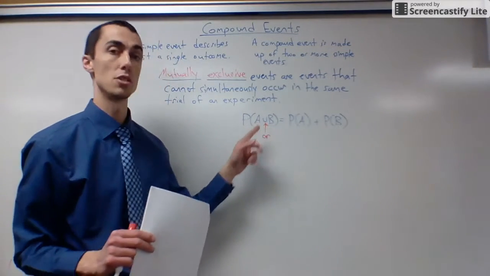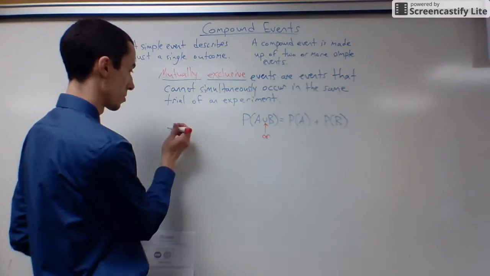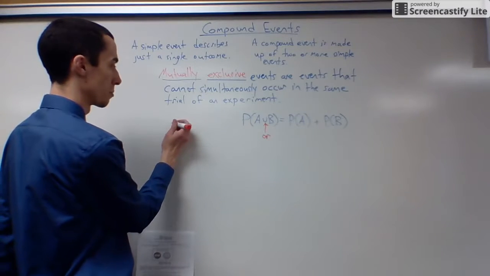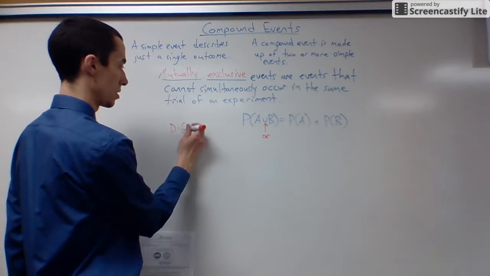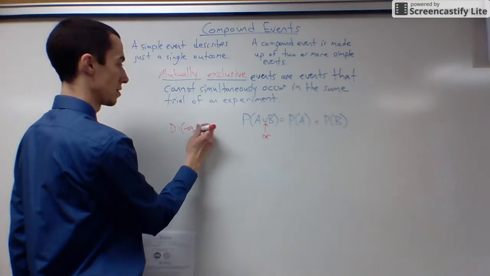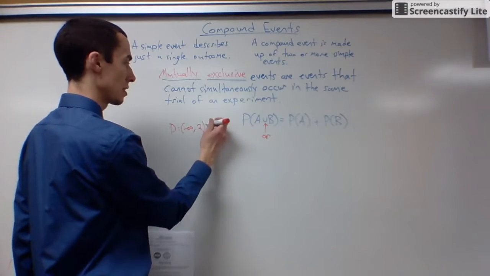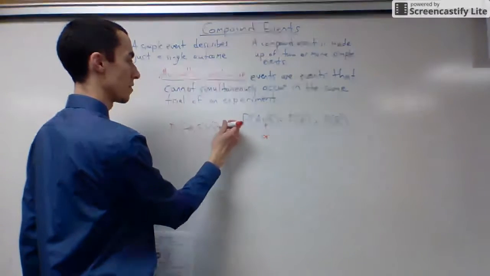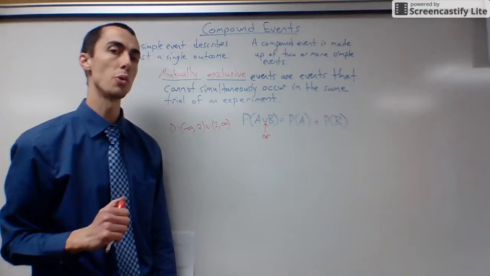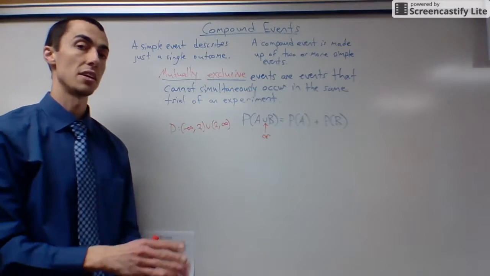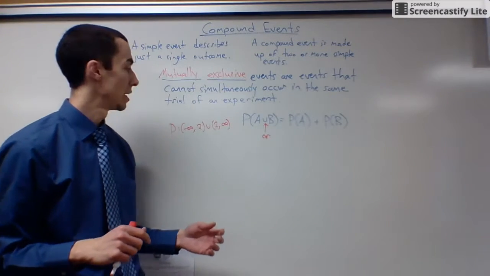Now this symbol, this U symbol, is going to be familiar to you because earlier this year when we were studying interval notation, we used it. For instance, let's say that we had a function which had a vertical asymptote at x equals 2, and it was defined on all the rest of the real numbers.